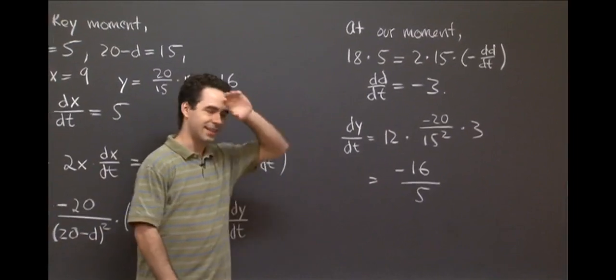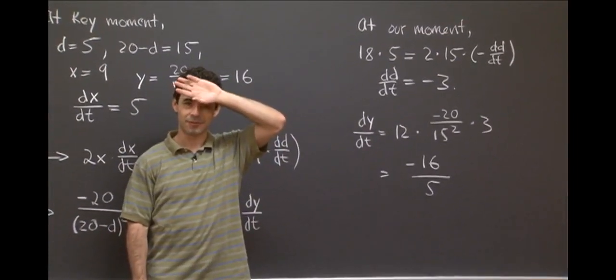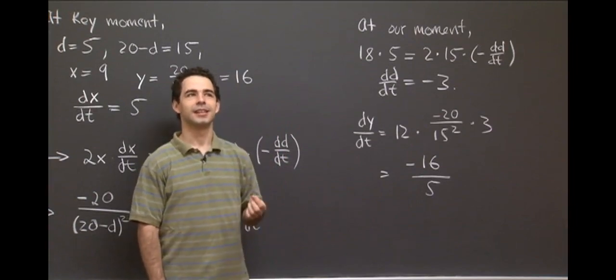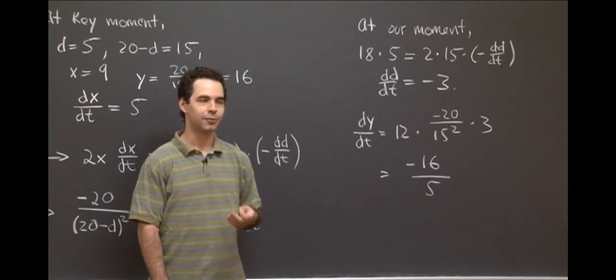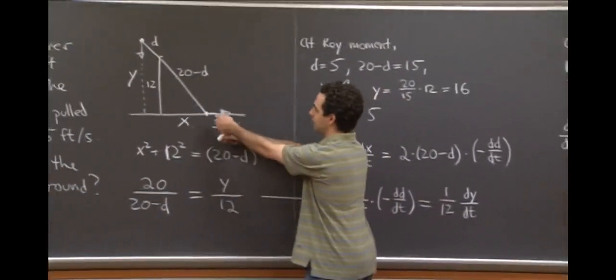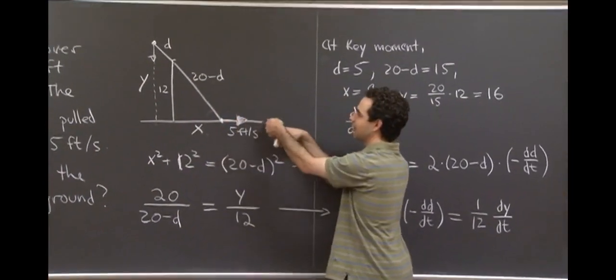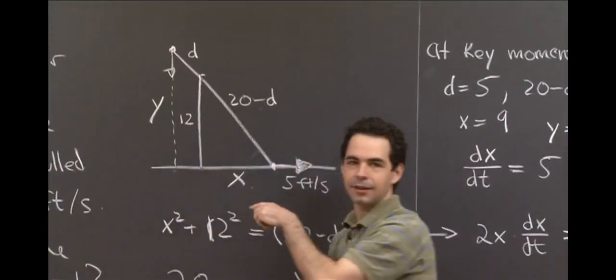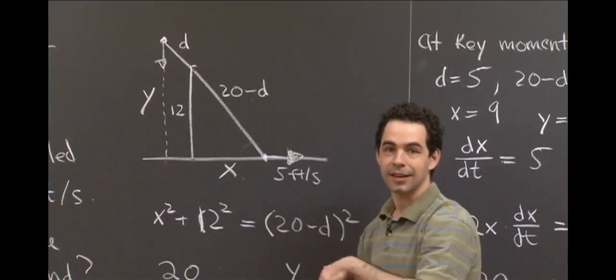Let's remember what we've done. Minus 16 over 5 is a negative number. Why is it a negative number? Well, as we pull the bottom of this ladder away from the wall, the top of the ladder is going to fall downwards. It's going to get closer to the ground.